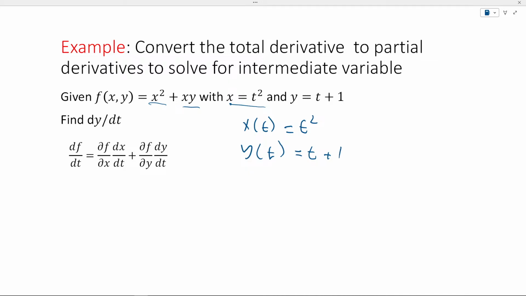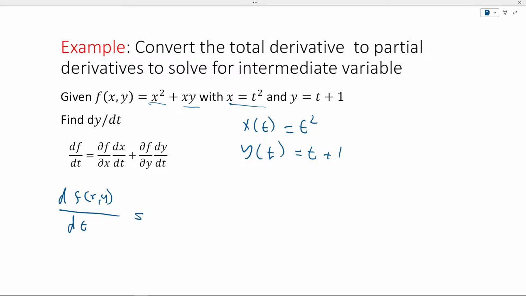And then I'm telling you to find df of x and y with respect to dt. So how can you do this? Basically, that's how you do it.